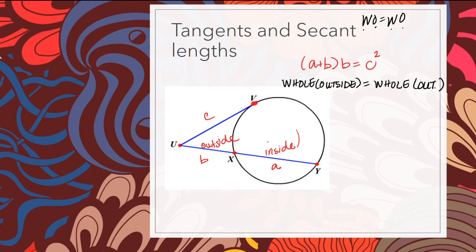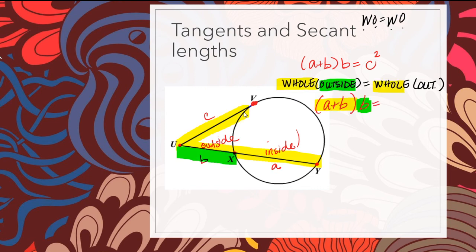All right, whole. This is the whole line. It's A plus B. Okay. Now, the outside portion is just whatever is outside of the circle. So in this case, it's going to be B. Now, for the next side, you have the whole.